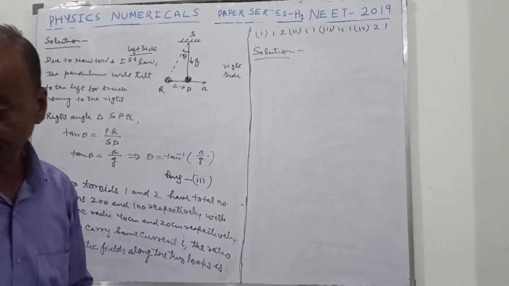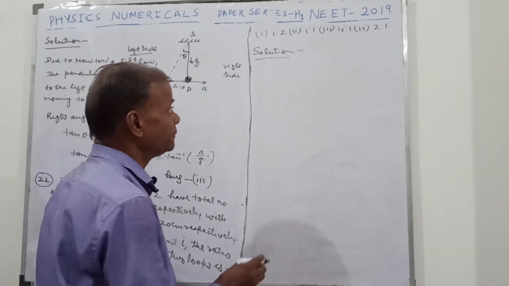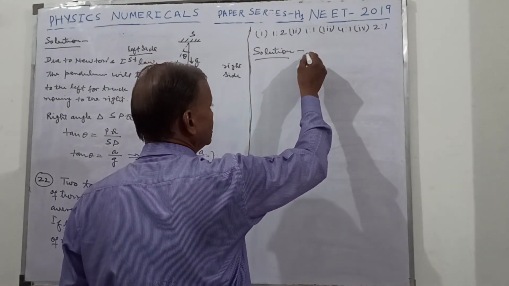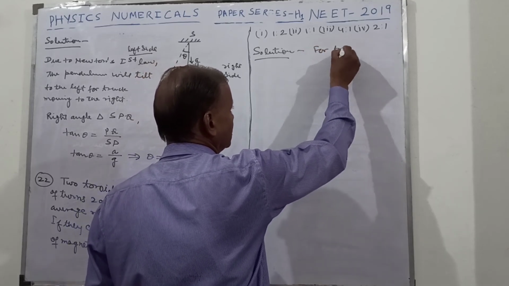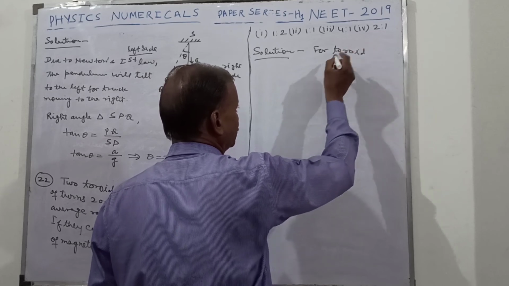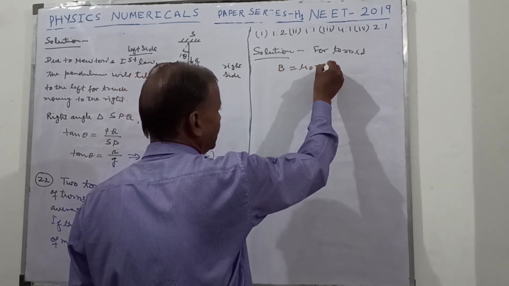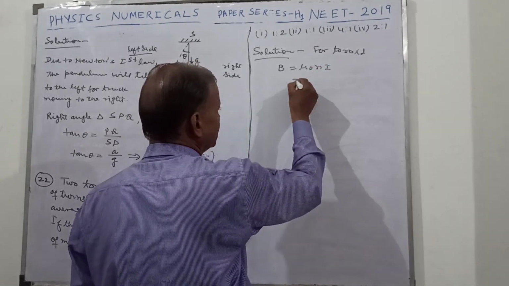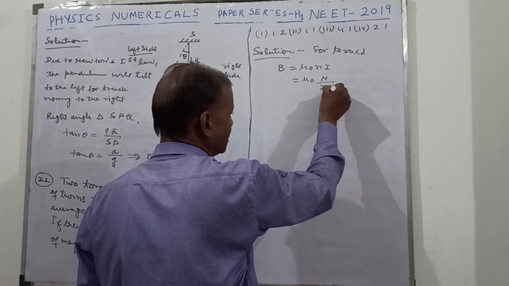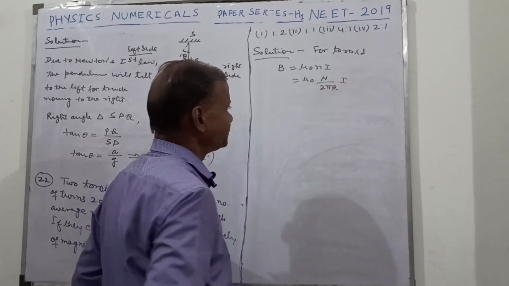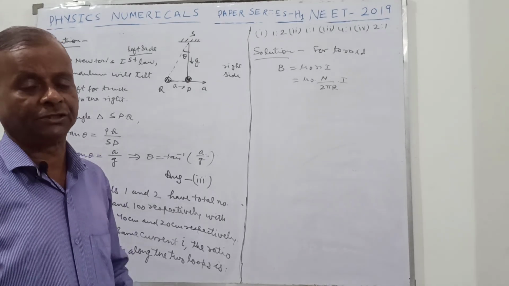You are given the toroids. This is the direct application of the magnetic field inside the toroids. So for toroids B equals mu naught n I. Now here n is equal to N upon 2 pi r. Small n is the number of turns per unit length.